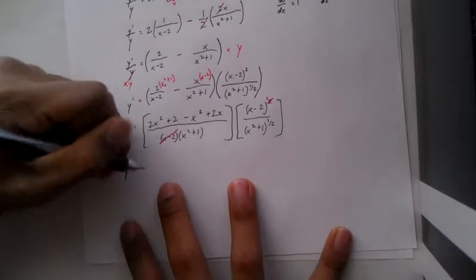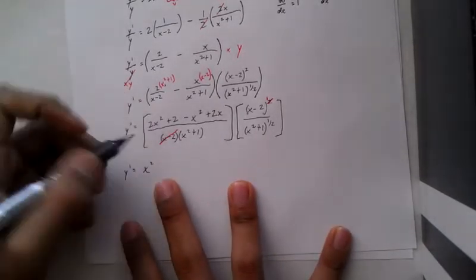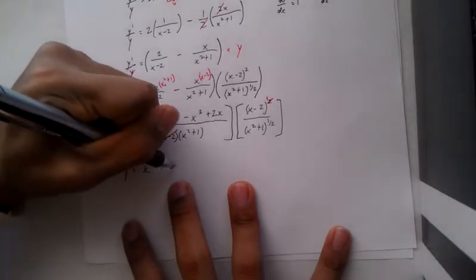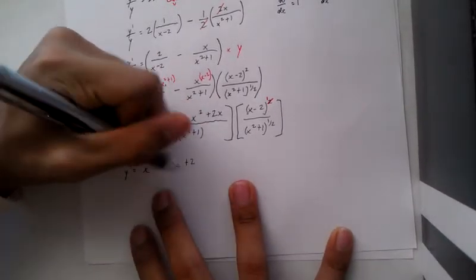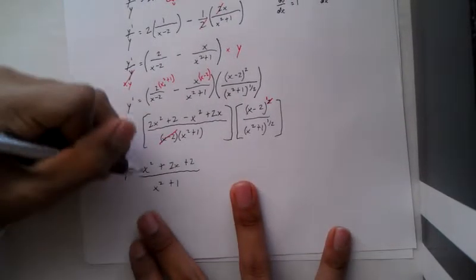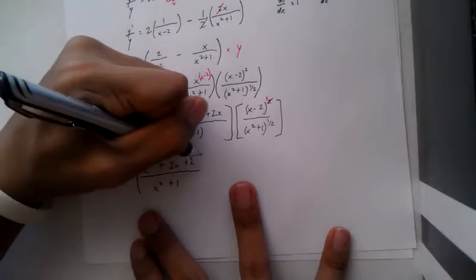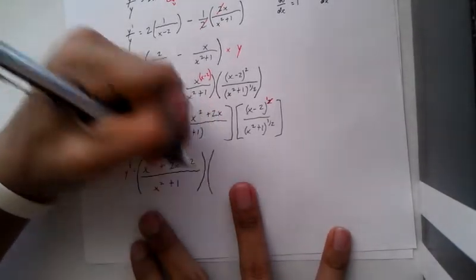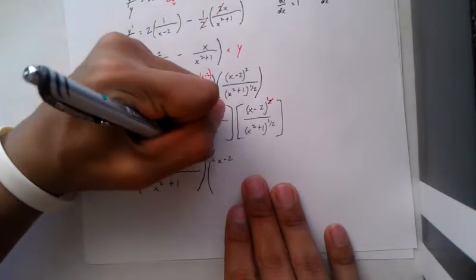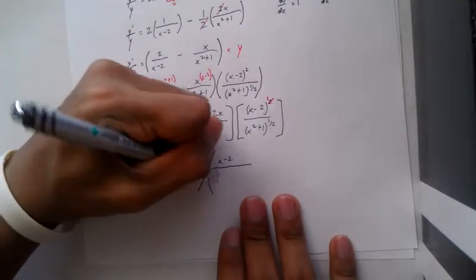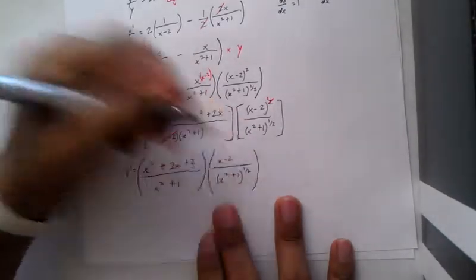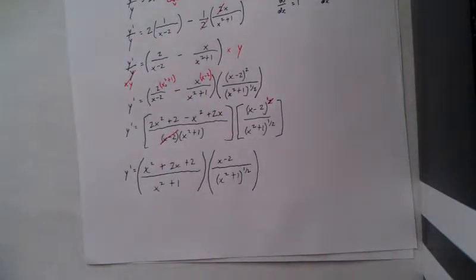So I'm going to rearrange it a little bit and bring the 2x into the middle. So x squared plus 2x plus 2 all over x squared plus 1 times x minus 2 over (x squared plus 1) to the 1/2.